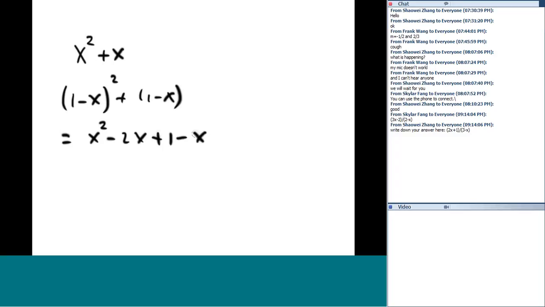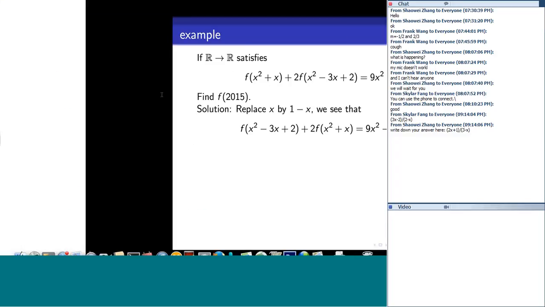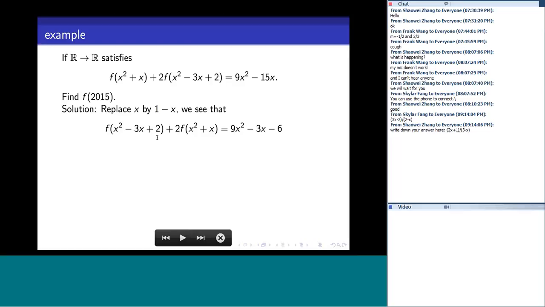This x plus 1 becomes x squared minus 3x plus 2. And because 1 minus x is its own inverse, switching again gets x squared plus x. You get it?